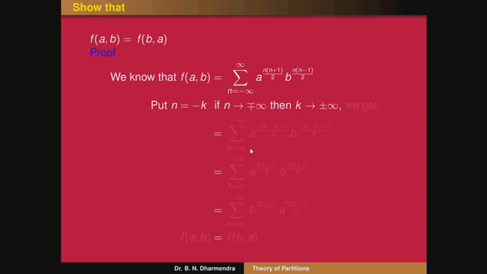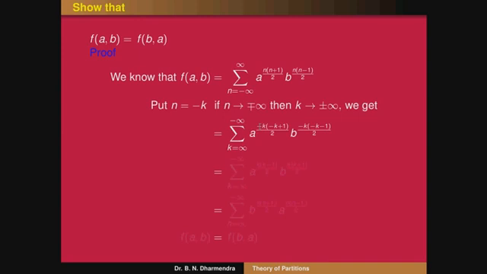So when I replace the value of n by minus k in the above equation, we get the summation with k running from plus infinity to minus infinity of a to the power of minus k times (minus k plus 1)/2 into b to the power of minus k times (minus k minus 1)/2. So when I multiply out the power of a, we can observe the terms.